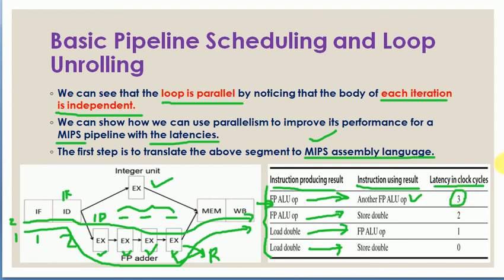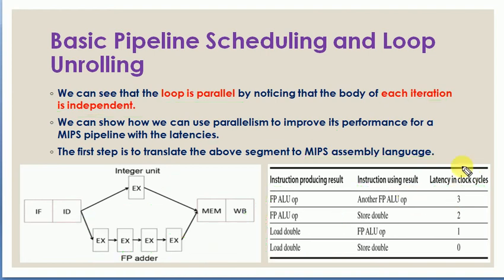Now we will look into the second case. The first instruction is an FP-ALU operation and the second instruction is a store double operation. So the first instruction FP-ALU will happen through this way, and the store double will happen this way.